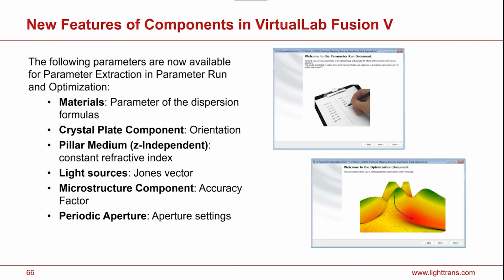And then our parameter run, a very important concept, and our optimization document also get new access to parameters for running, changing, or optimization. Here are some of these parameters, which turned out to be of interest to people to be included in the tolerancing, parameter run, and optimization.